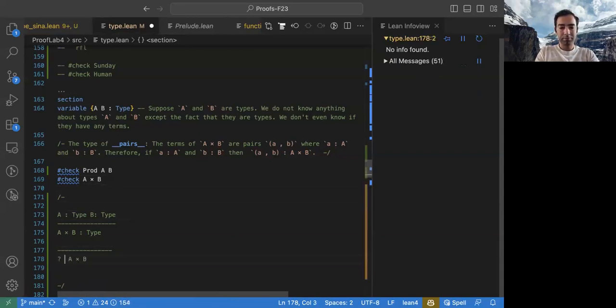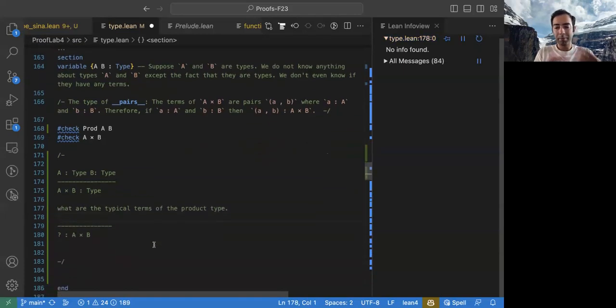So what are typical terms? And here's my rule. I'm saying that this is the type of pairs. By that I mean, if I have a term in A and I have a term in B, then I pair them up. And this will be how I construct new terms in the type A times B. Okay.